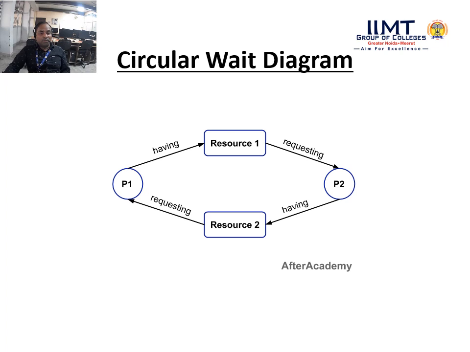So we see here that if process P1 has resource 1 and resource 2, then it will completely execute, or in other words, if process P2, which has resource 2, gets resource 1, then it will completely execute.